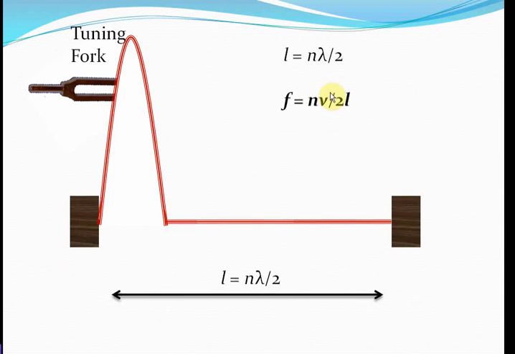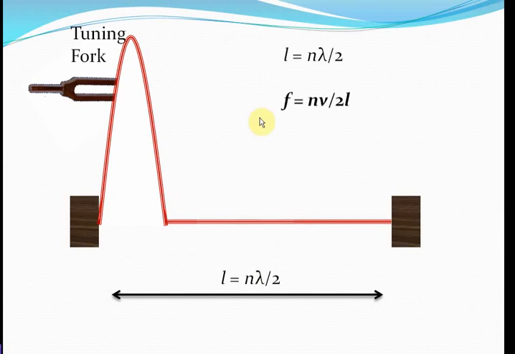When I say f equal to nv by 2L, what I really mean is that if the tuning fork vibrates with a frequency equal to nv by 2L, where n is any integer 1, 2, 3, 4, in that case, the wave that comes back after reflection has a phase difference of n lambda with the wave that comes next from the tuning fork.